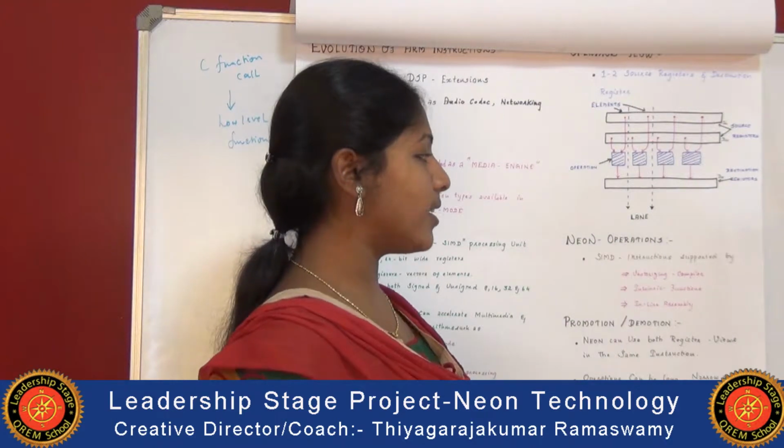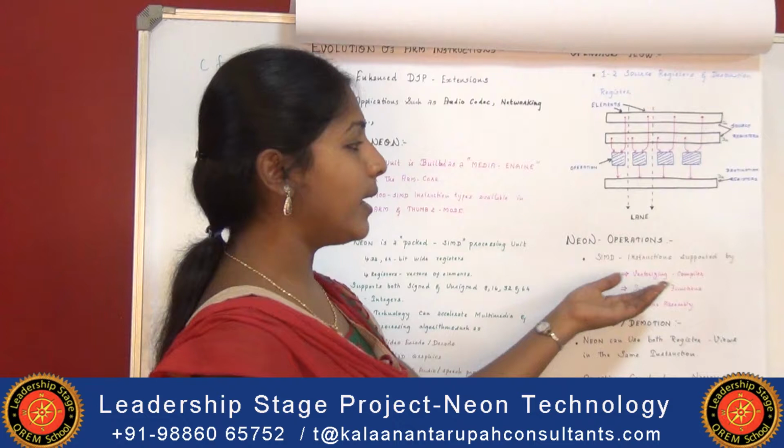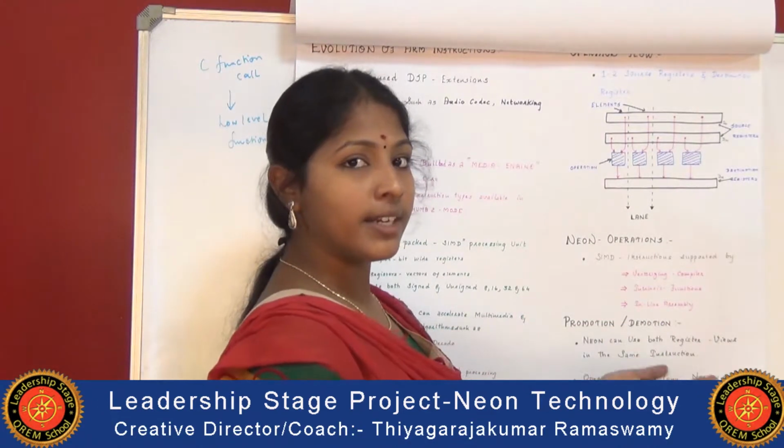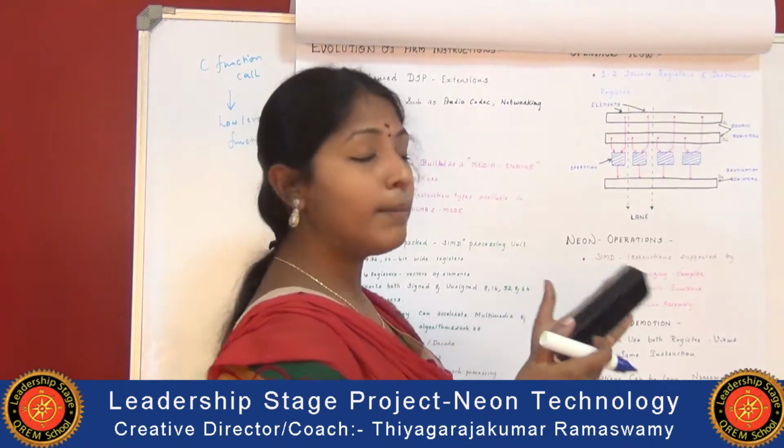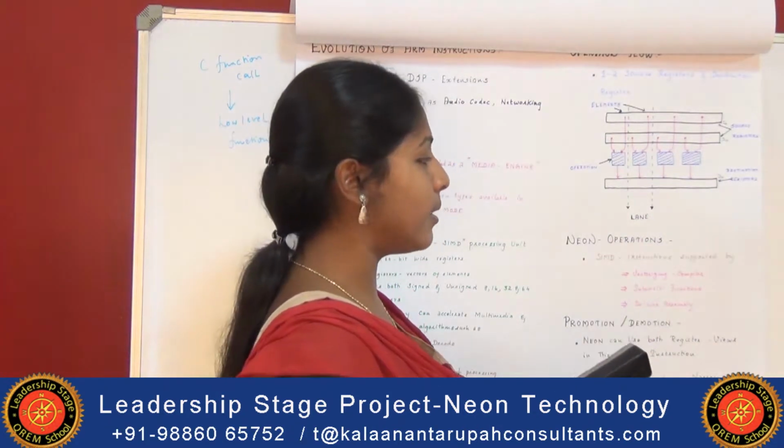And when we come to the vectorizing compiler, it can also be denoted as automatic vectorization. So the compiler can perform automatic vectorization to implement the high performance Neon, but without using this intrinsic function or any assembler directives.